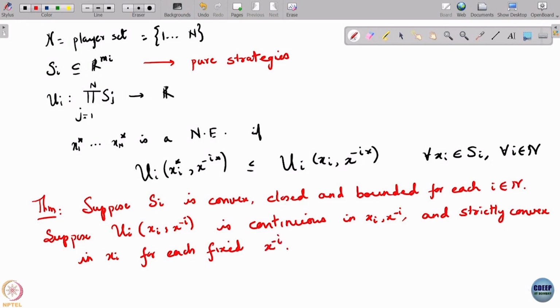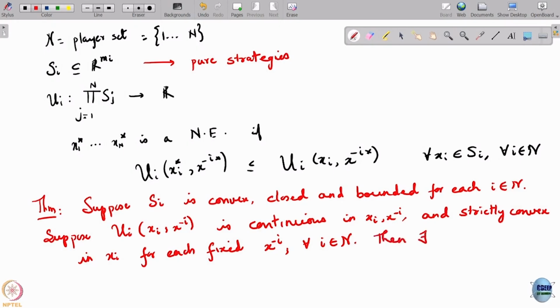So, that means u_i is a continuous function of both these variables. And if you view it as a function of only x_i, then it is actually a strictly convex function of x_i for each value of x_{-i}. And this is true for every player i.